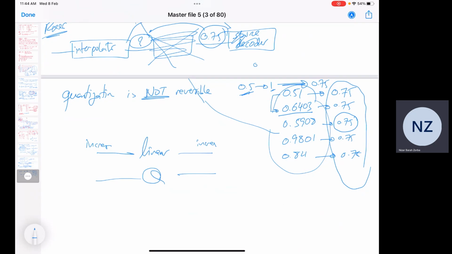Has the output increased? No, it is the same. So the quantizer is non-linear. You can tell me maybe it jumped from one interval to another, it could be. But I can also give you an example where from 0.59 to 0.98 the input has increased and the output has not. With one example, I can prove it is non-linear. So quantization is a non-linear operation.